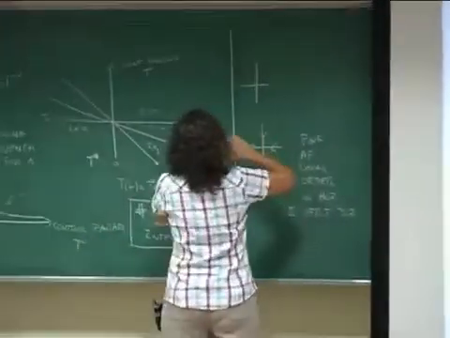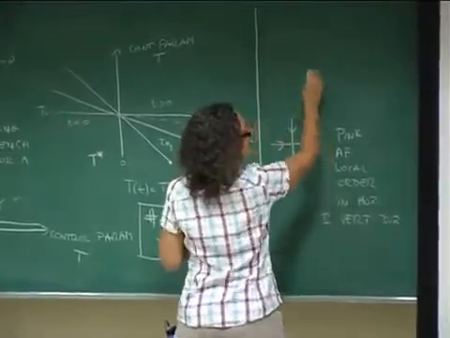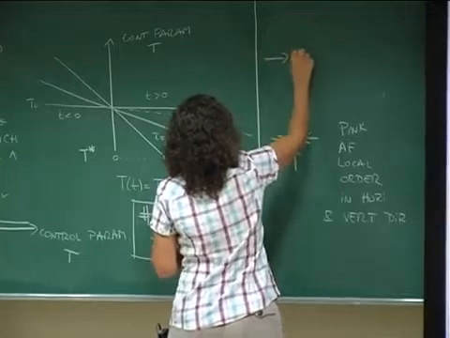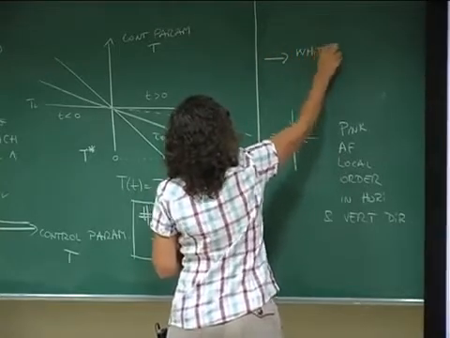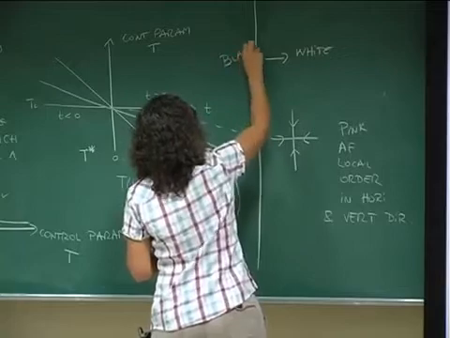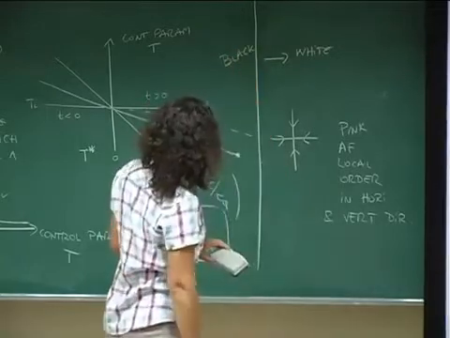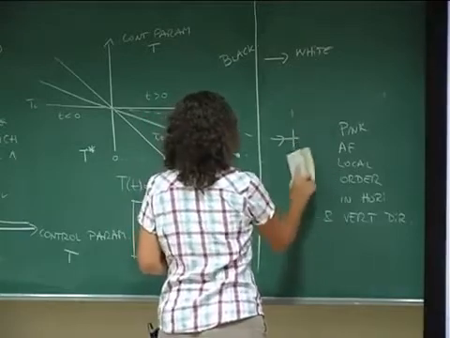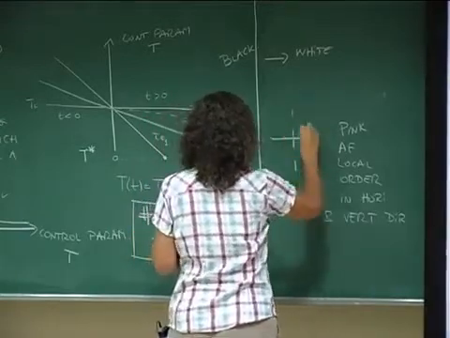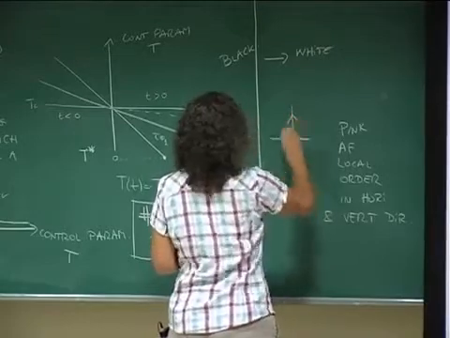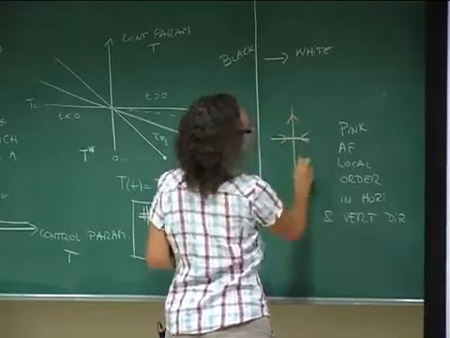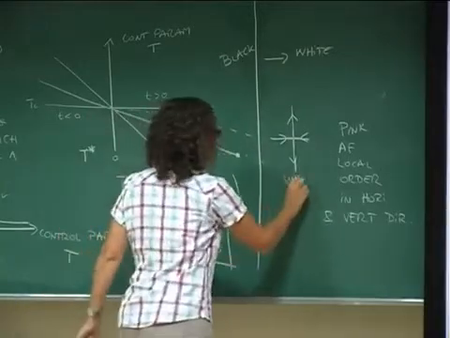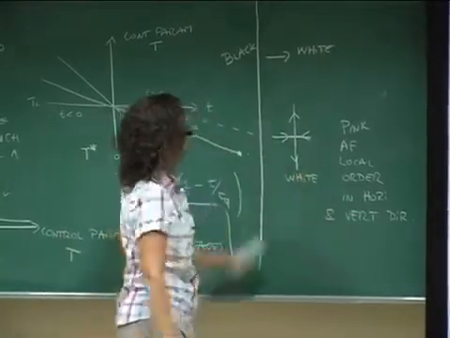So let's see. Let me write my convention. So 3 in, so white, black, like this, and yes, exactly. I have to reverse. So white is up, white is in, and white is down. So here is white, and so on and so forth.